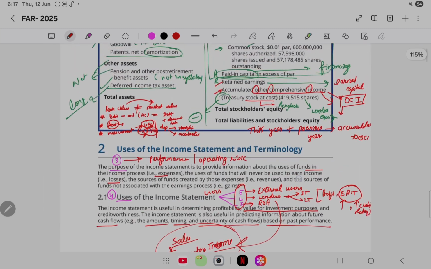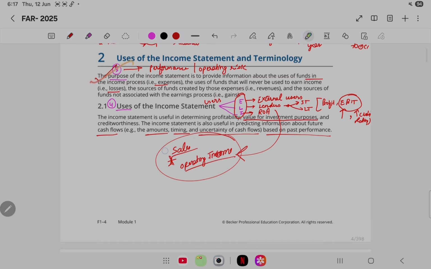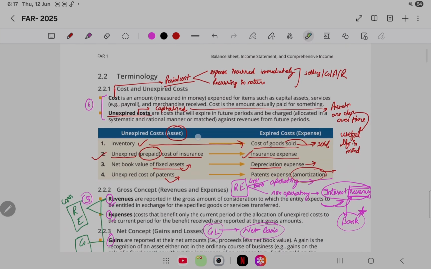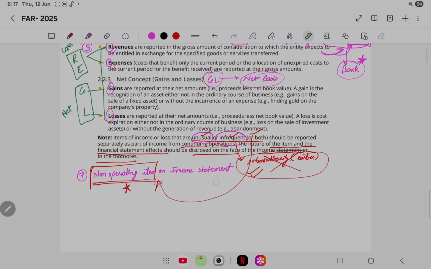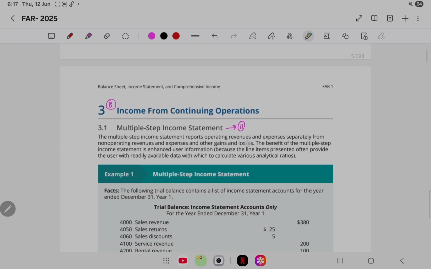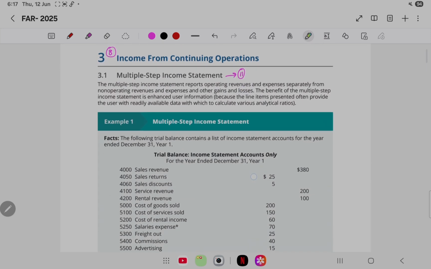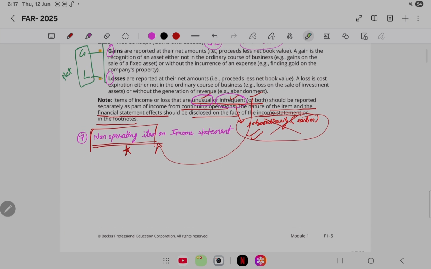Now we are done with the purpose, uses, terminology, legal concept, gross concept, net concept, notes. Now income from the continuing operation. Before that, non-operating items.